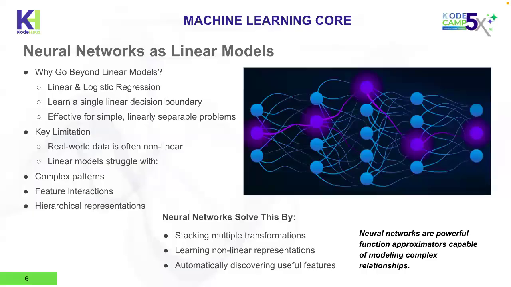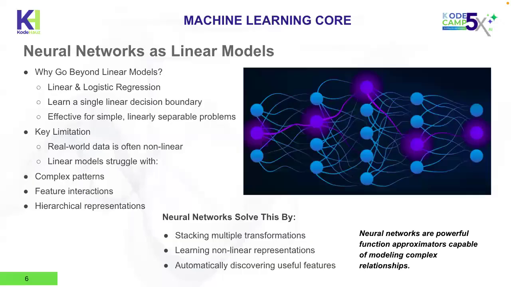Okay. And while they are very good for simple, what we call simple linearly separable problems, they will not work for real world problems where the data is nonlinear, the relationship between the data is nonlinear, the things you want to predict, they are nonlinear. So the linear models will struggle with those, right?